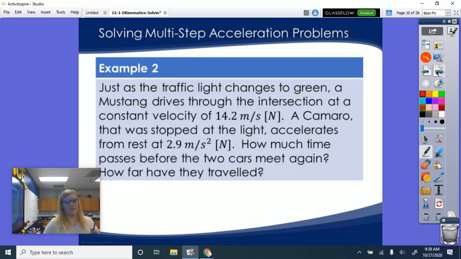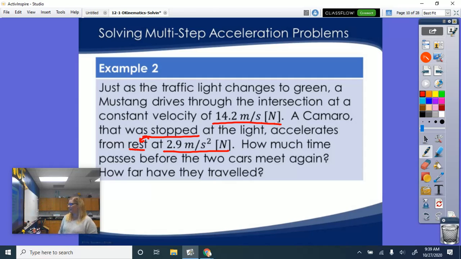So just as a traffic light changes to green, a Mustang drives through the intersection at a constant velocity of 14.2 meters per second north. A Camaro that was stopped at the light accelerates from rest, so this is saying the exact same thing, at 2.9 meters per second squared north, so they're going the same direction.